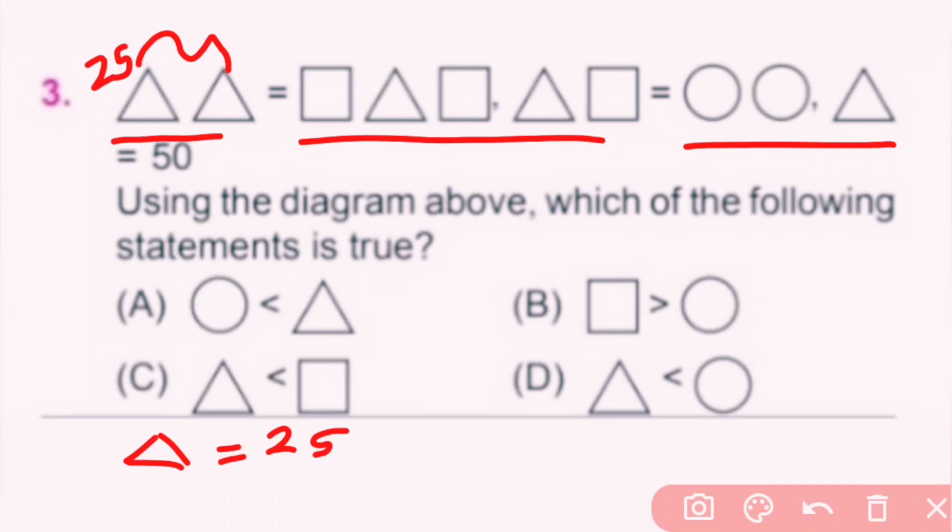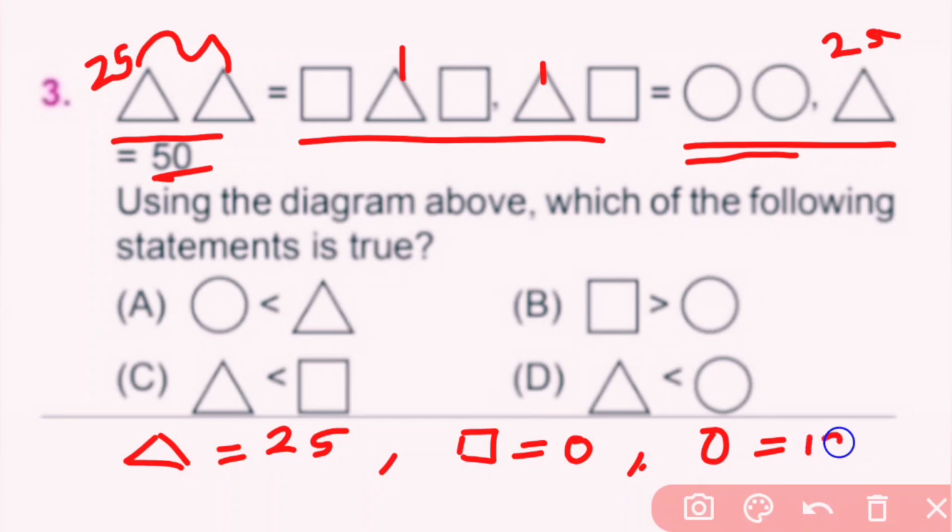Then here given this 25 means 50 and it is equal to 50 means square is equal to 0. And here this triangle is equal to 25 and remaining this 2 circle is 25, means 1 circle is 12.5.